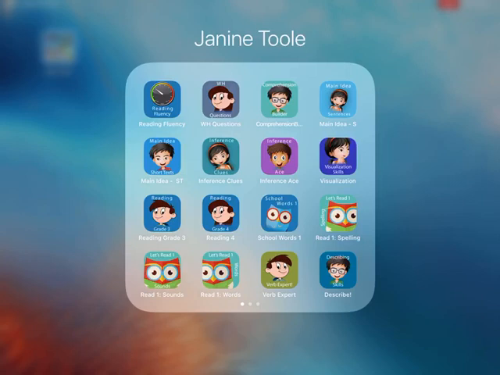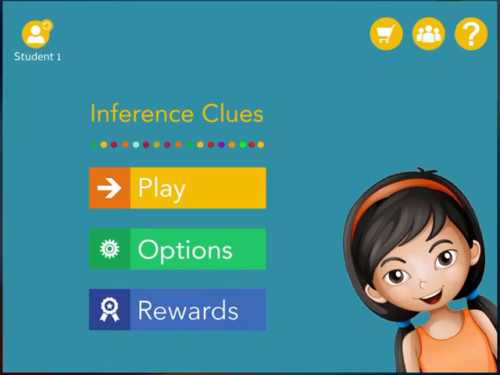The inference clues is the simple version. Inference ACE is a more complicated version. So you might want to start with inference clues first.